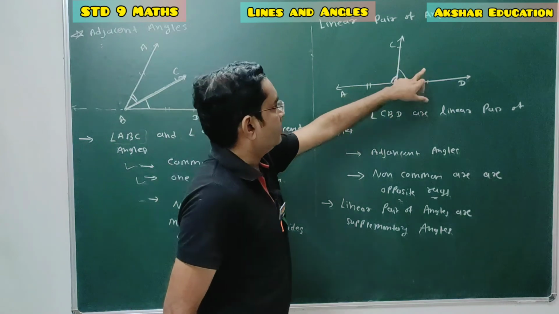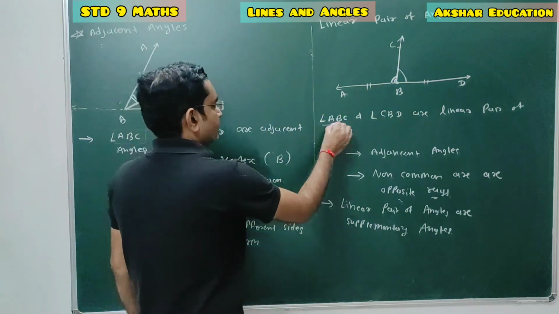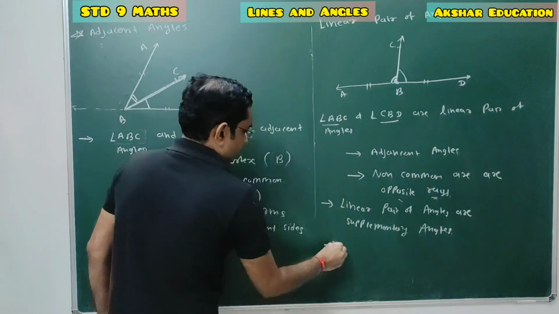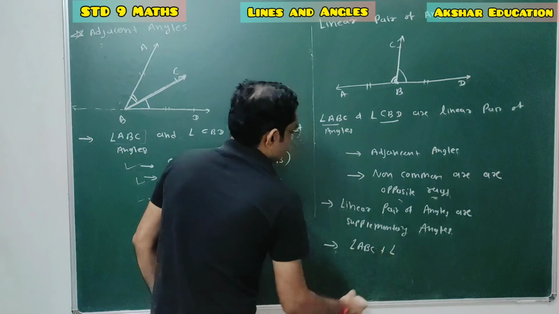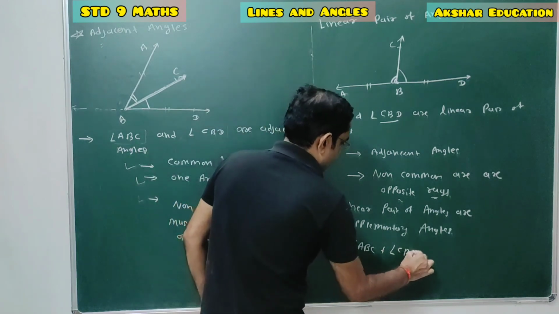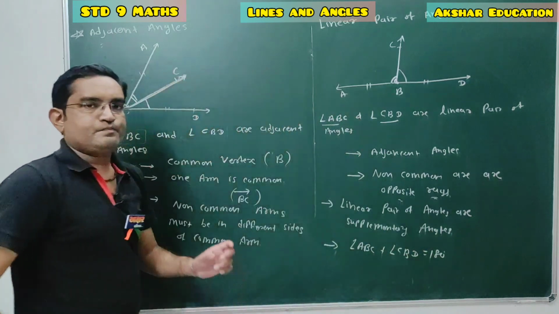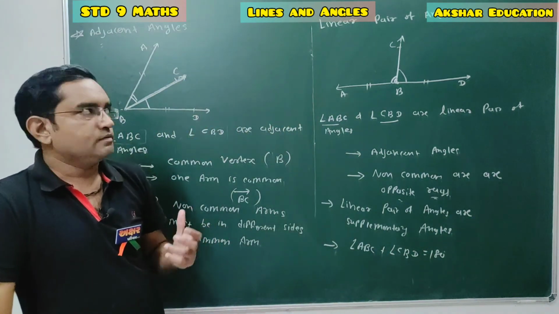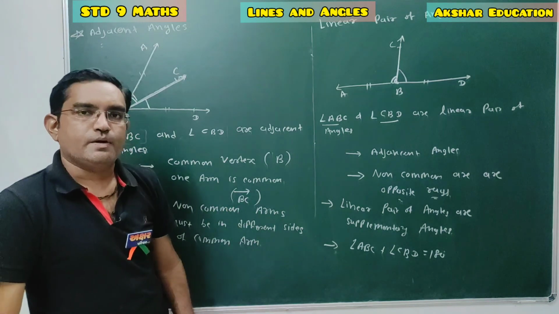If we add these two angles, angle CBD and angle CBA, the sum of measure of these two angles is always 180 degree. So angle ABC plus angle CBD equal to 180 degree, and that's why the pair of linear angle, or we can say the linear pair of angle, are always supplementary angles.